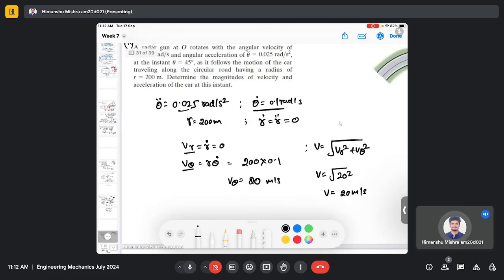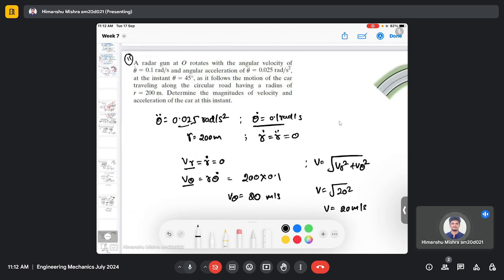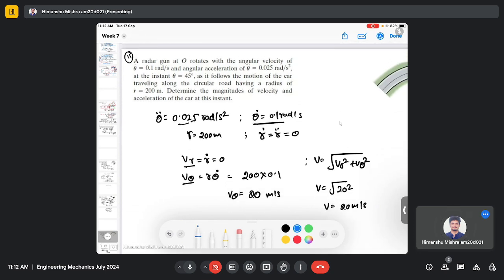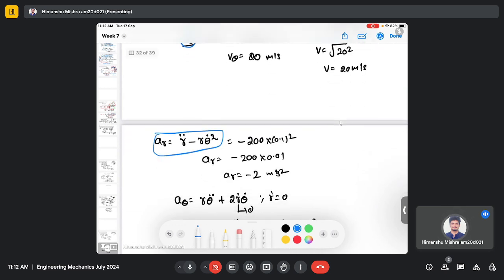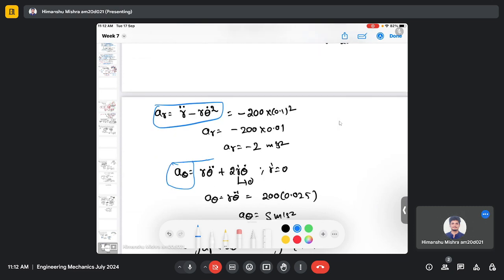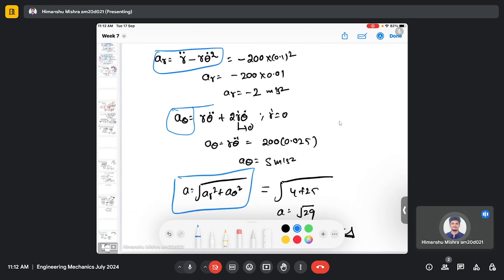You can see that like the previous problems, we just need to calculate the components of velocity first, and then from this expression we can calculate the magnitude of velocity. We have done the similar thing with the acceleration. First find the acceleration in the radial direction and then in the theta direction. Once you have that, you can use this expression to calculate the magnitude of acceleration.